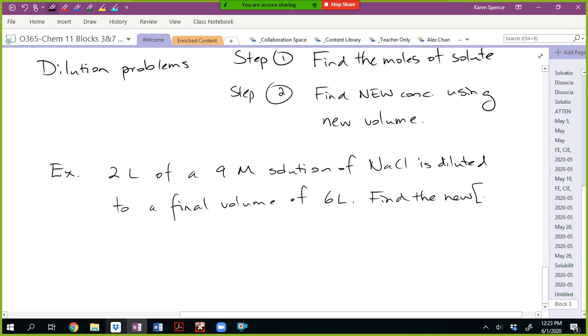Find the new concentration of sodium chloride.